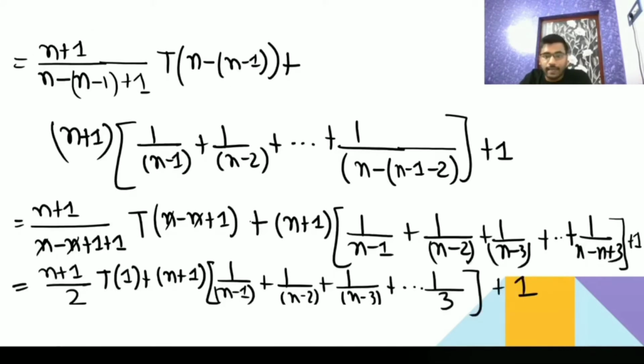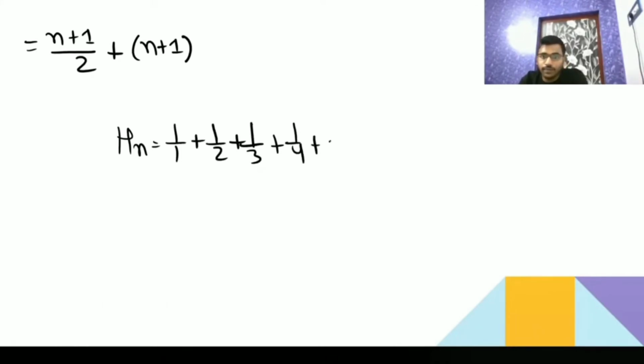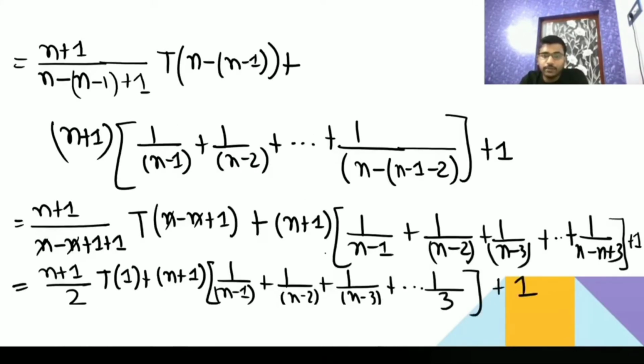Now see, this thing I am writing in the beginning: 1 by n minus 1, 1 by n minus 2, 1 by n minus 3, plus 1 by 3. And you know what Hn is going to be. They have already given that Hn is 1 plus 1 by 2 plus 1 by 3, plus 1 by 4, plus 1 by 5, like this it will go.